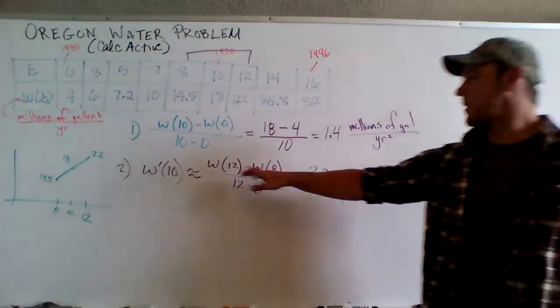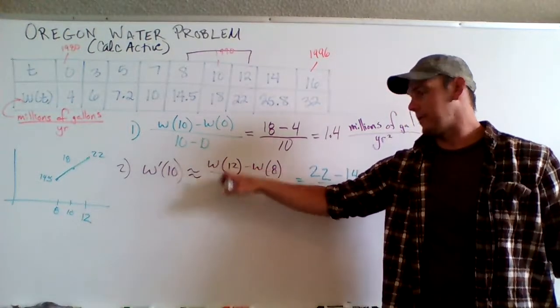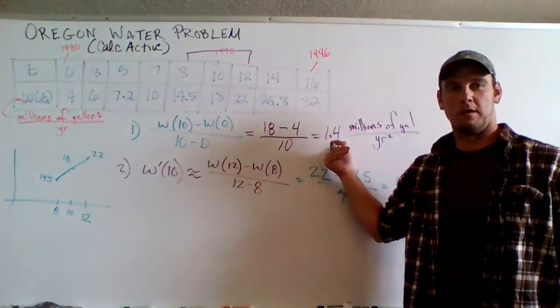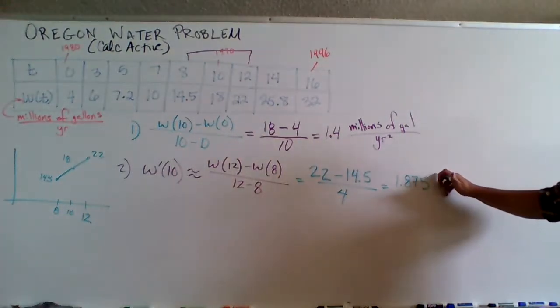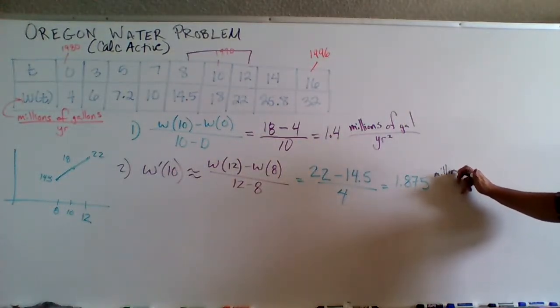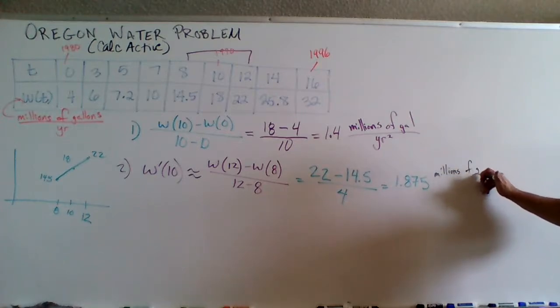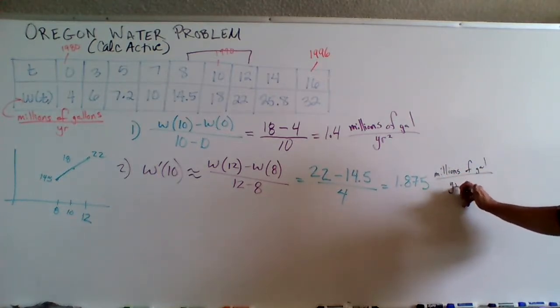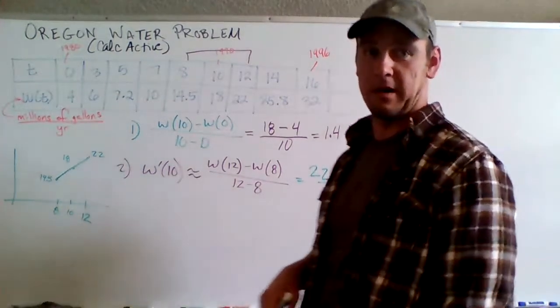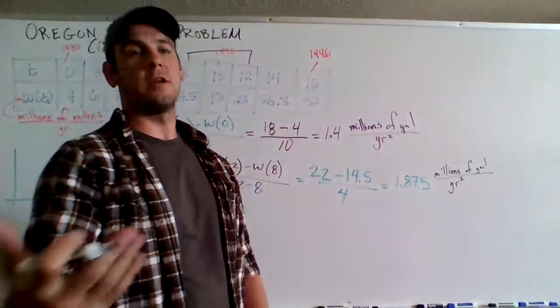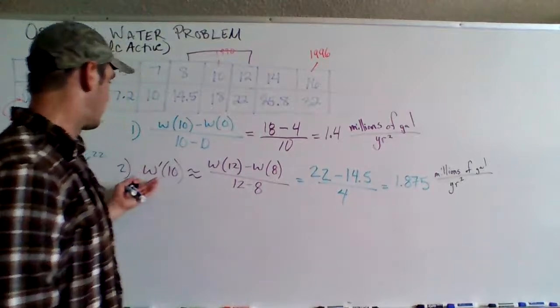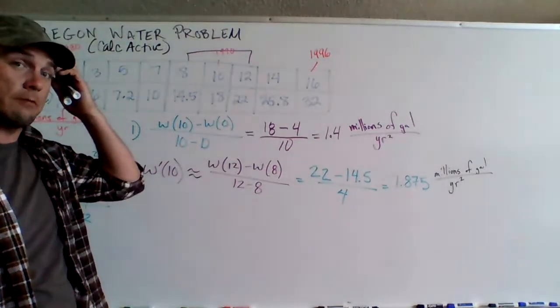Okay, so we know that W prime, we just did the same exact thing in part 1. So this unit is going to be millions of gallons per year squared. Now that's not what we're really asked to do, but I just wanted to talk about those units again. So we're supposed to interpret whatever W prime of 10 really means in this problem.